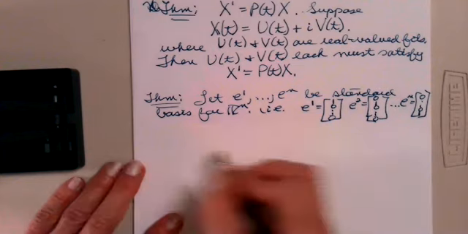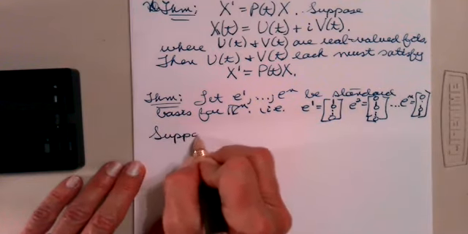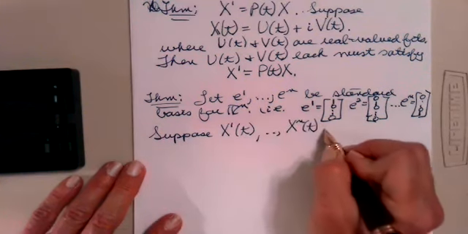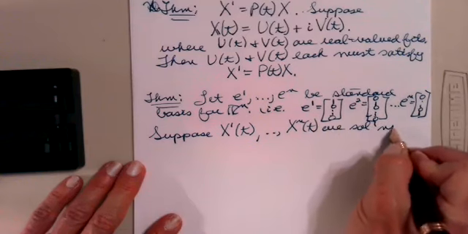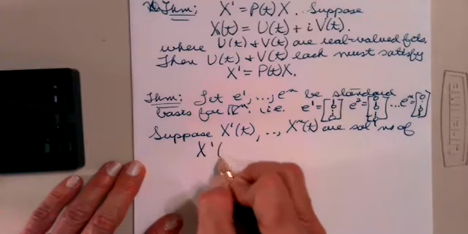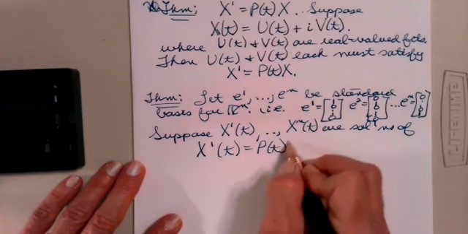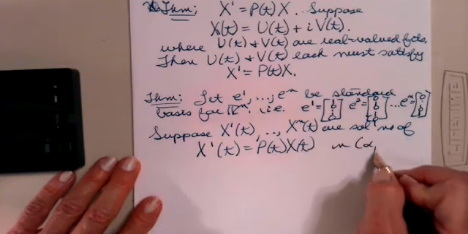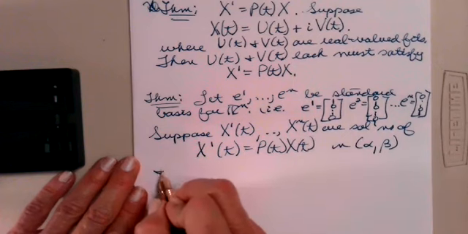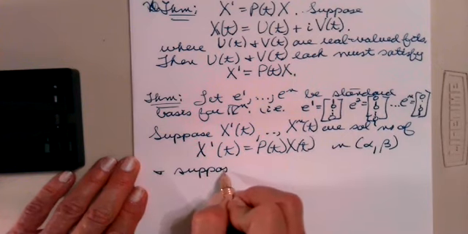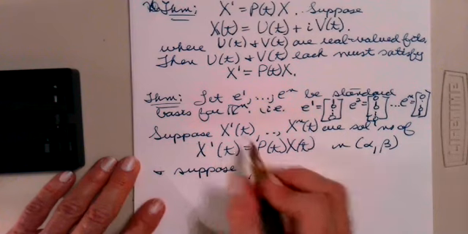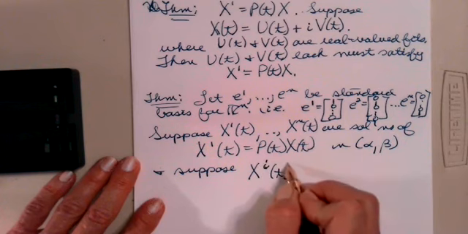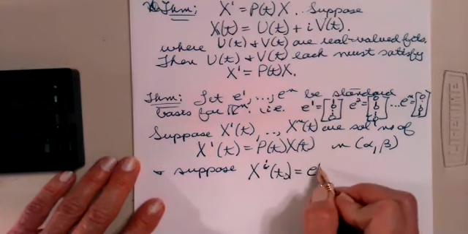Okay. And suppose x1 of t up to xn of t are solutions of our homogeneous matrix system on the interval from alpha to beta. And suppose we choose the initial conditions for these so that xi at t0 is equal to ei.